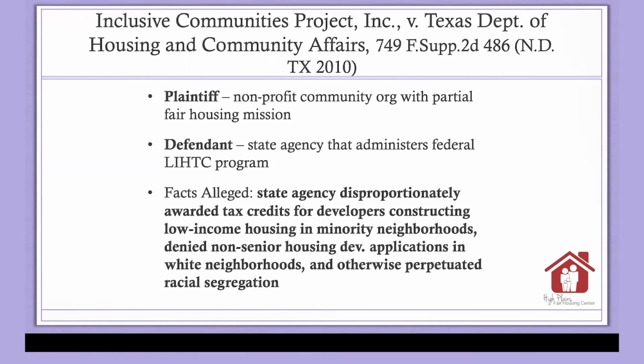The state agency defendant was alleged to have disproportionately awarded tax credits for developers constructing low-income housing in minority neighborhoods and denying non-senior housing development applications in white neighborhoods, and that also otherwise perpetuated racial segregation. You can see how the claim here was both based on disparate impact and perpetuation of racial segregation.